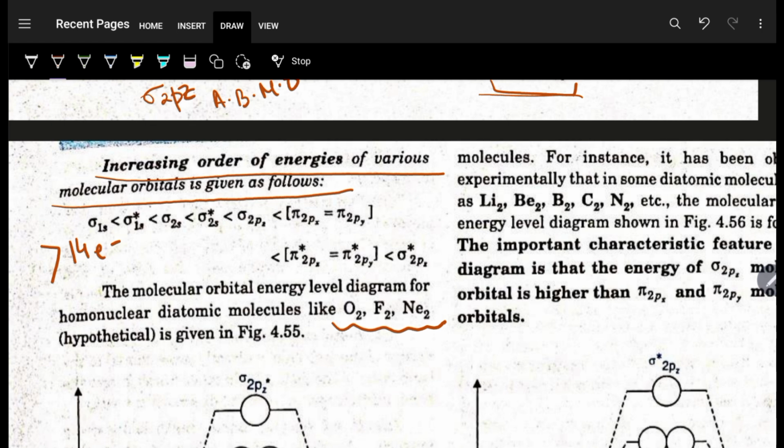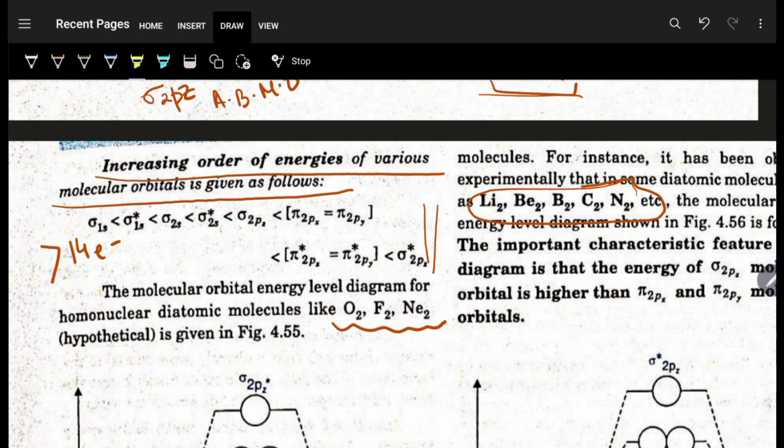So there are 2 types of molecular orbitals. One is the one having 14 and less than 14 electrons in their molecular orbitals, and the other is that having greater than 14 electrons. The order is like this. You may actually focus on the variations that take place here. The variations are what?